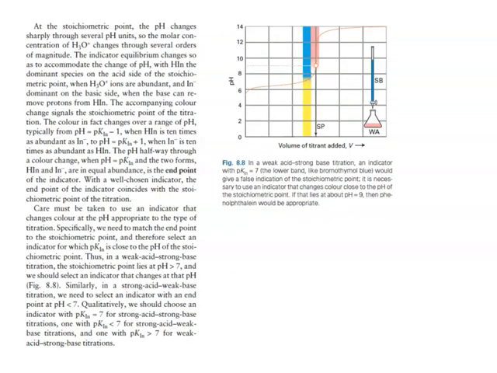At the stoichiometric point, the pH changes sharply through several pH units so that the molar concentration of hydronium changes through several orders of magnitude.